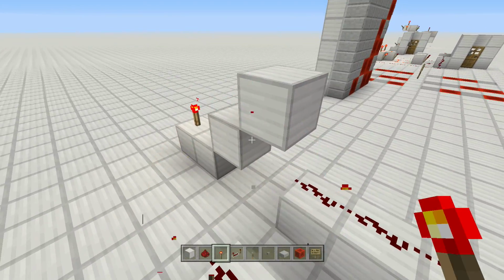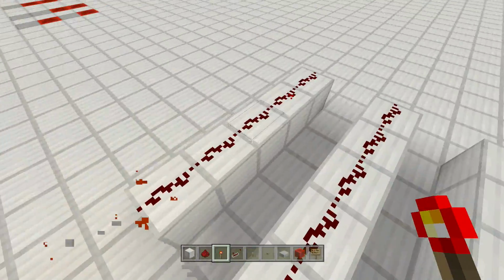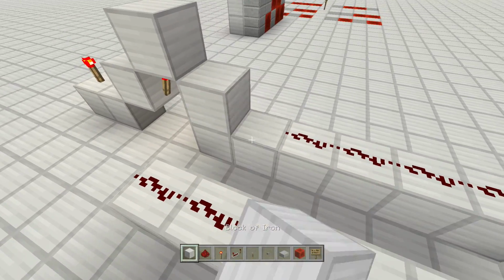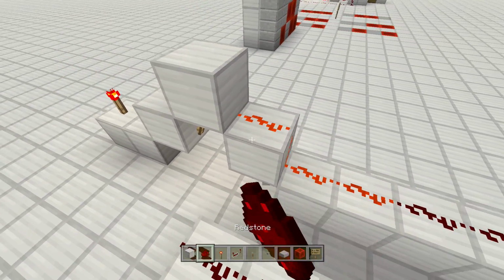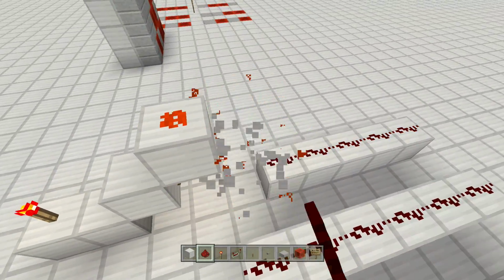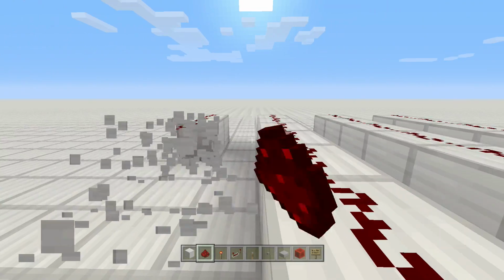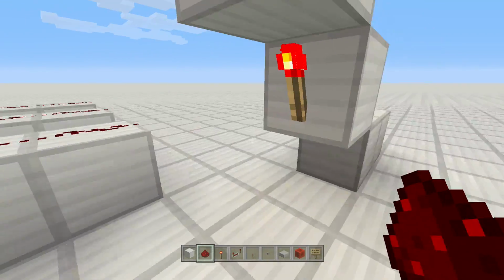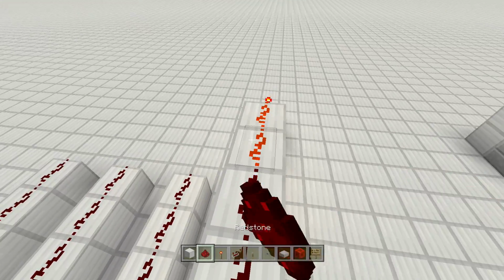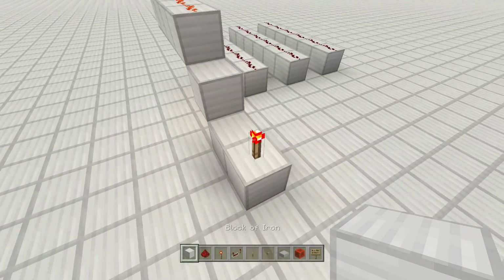And I'll remove this guy because it's too close. This will be just fine. Yeah, it'll be just... No, it won't. Okay, it doesn't matter. Let me just remove all this. I'll leave these ones so that you guys can see. This will take a moment.